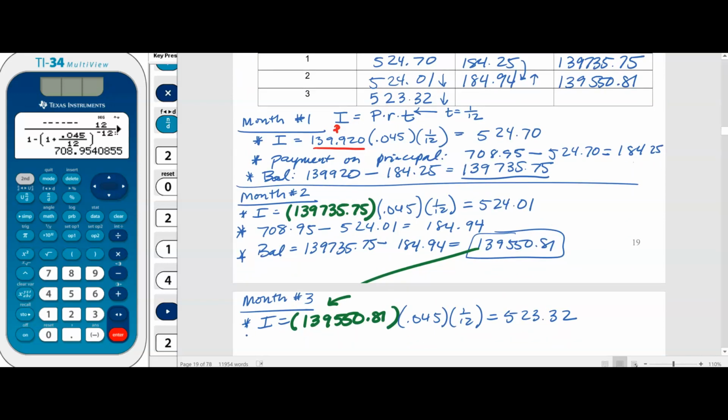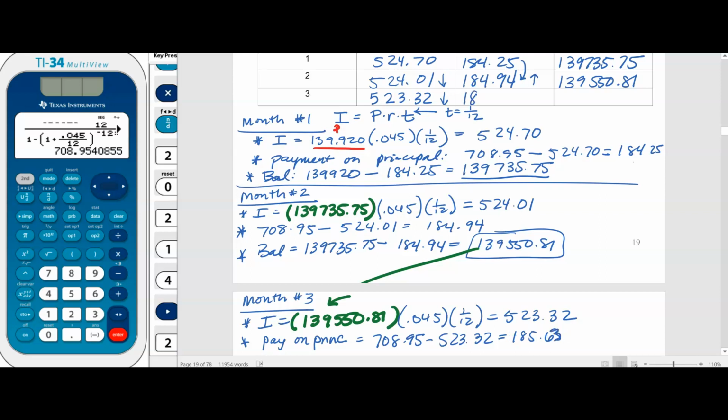Okay, so our next step here is we're going to find the payment on principal, and we're going to take our monthly payment that never changes, that's always constant for the life of the loan, and you're going to subtract the interest that we calculated on that last step, and we get 185.63.